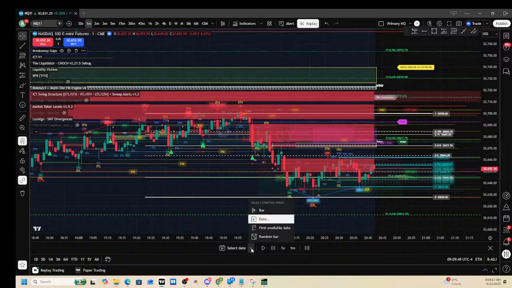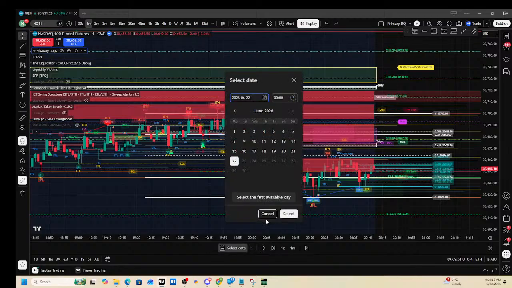Let's see, Friday, I think, had a really nice move. Let's see, Friday. We didn't play Friday morning because there was no 9:30 pop since Juneteenth, and the market was closed due to bank holiday. So let's say 18.